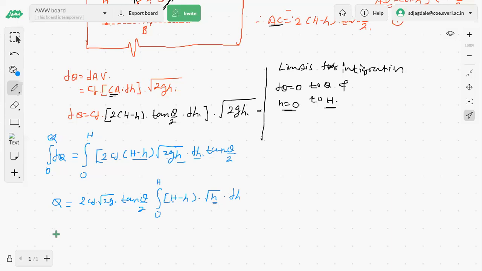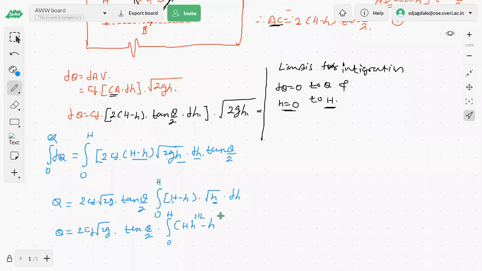So that is Q is equals to 2 times Cd under root 2g tan theta by 2 into integration from 0 to H. हा root h आहे म्हणजे h raised to 1 by 2 असणार. Okay, so I'd like to multiply by this h raised to 1 by 2 to both of them, H and (H minus h). So it will become H into h raised to half minus h raised to what is the power now?